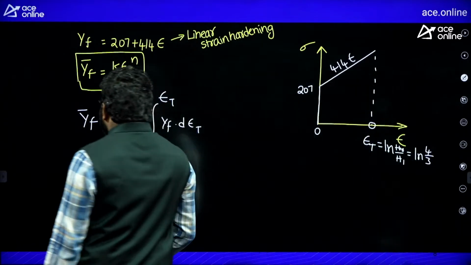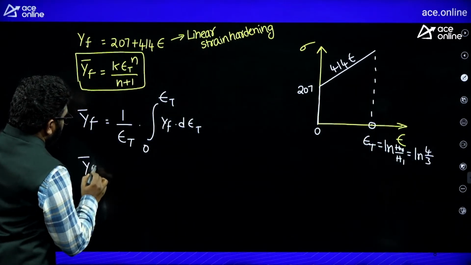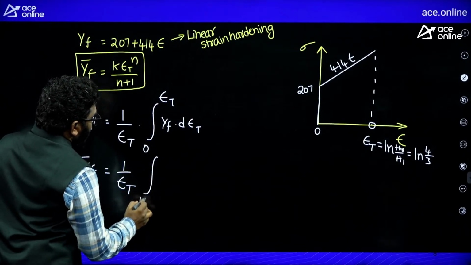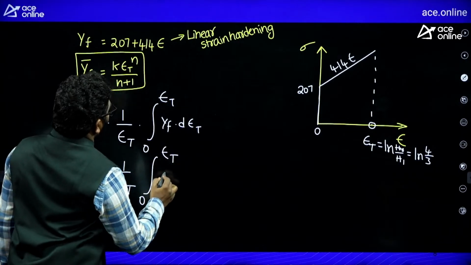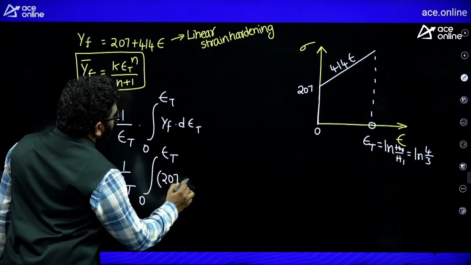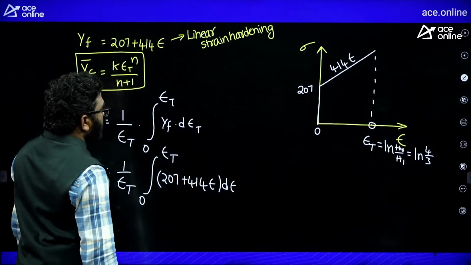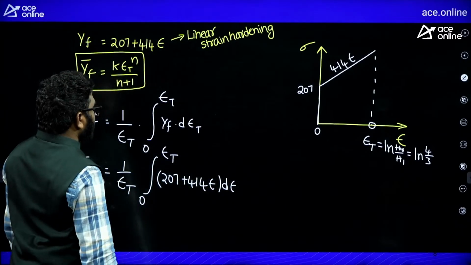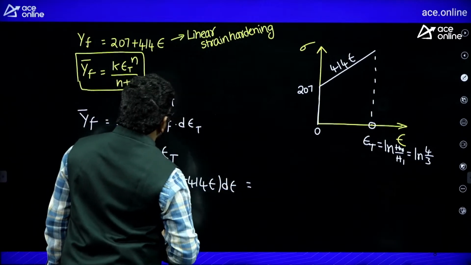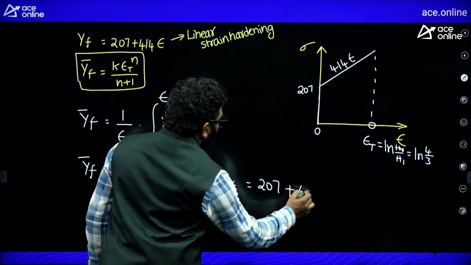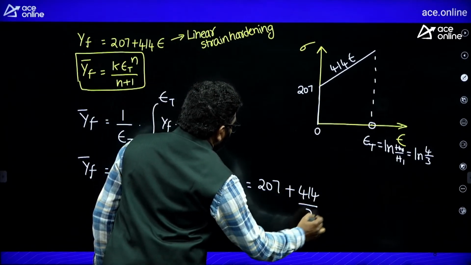So from this equation, 1 by epsilon t into the integral from 0 to epsilon t of 207 plus 414 epsilon d epsilon, you will get 207 plus 414 by 2 into epsilon.